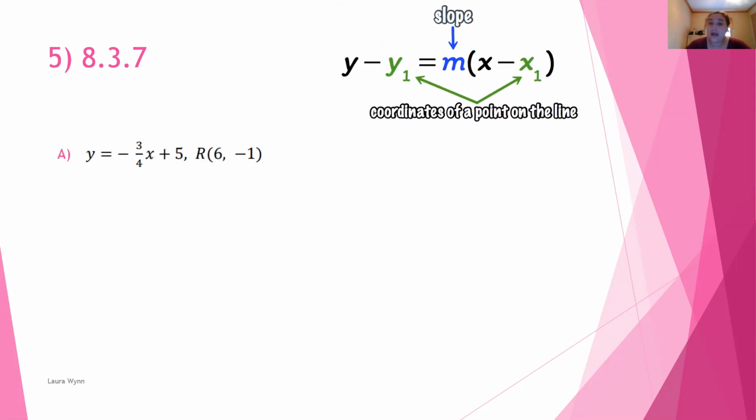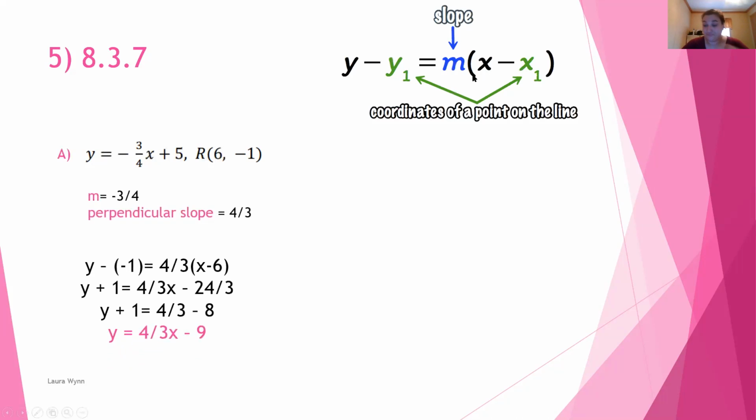The formula I have up at the top is point slope form, sorry. So we know from y equals -3/4 x plus 5 that -3/4 is m, which is our slope. The perpendicular slope is the negative reciprocal of our regular slope. So the negative reciprocal of -3/4 is 4/3.